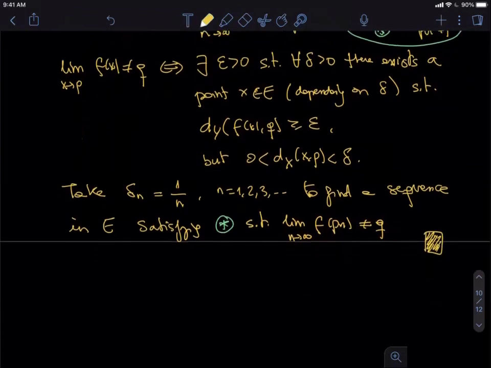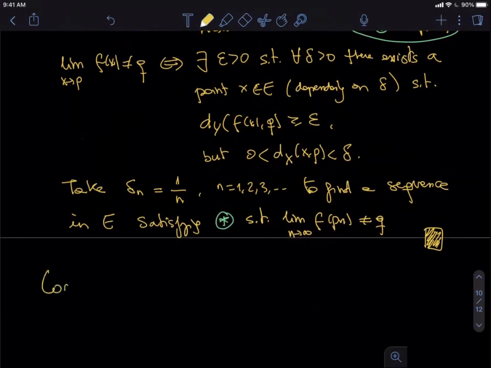Now, one important consequence of this theorem is that the things we know for sequences, we can translate them into limits for functions. For example, if you remember from sequences, the limit of a sequence was unique, right? So same thing here.